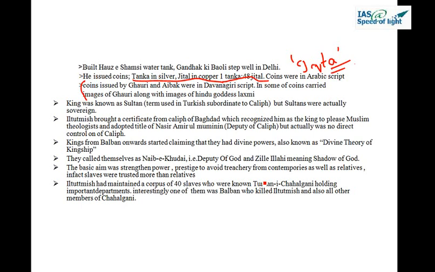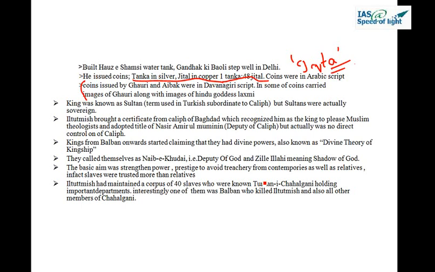The basic purpose of this divine theory of kingship was to strengthen their power and prestige, and to avoid the treachery from contemporaries, kings, relatives, slaves, nobles. So they had many enemies within their own family, so they started claiming that they are very near to God and they have divine powers.